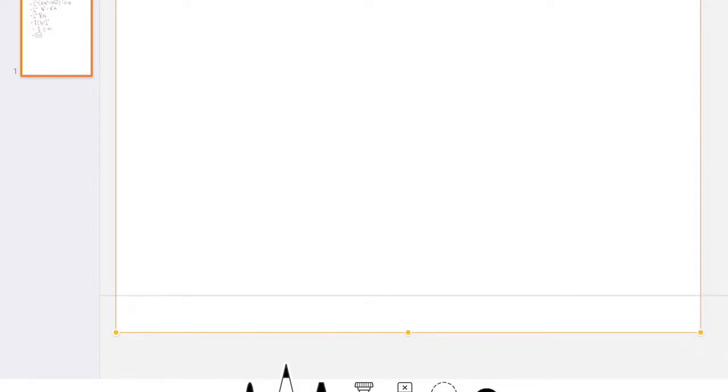So I'm just going to give you the formal definition of mass of a planar lamina of variable density.